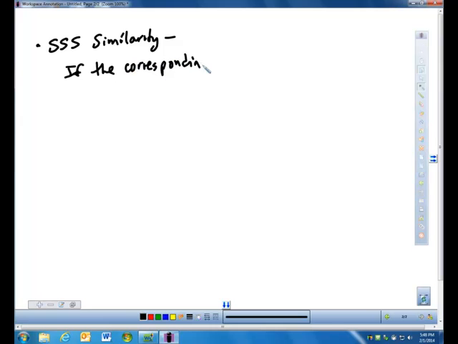So I'll read it and then the whiteboard will catch up. It says that if the corresponding sides of two triangles are all proportional, then the triangles are similar.